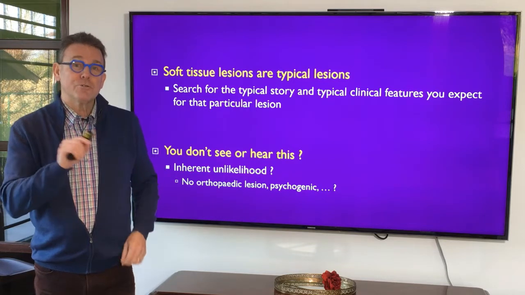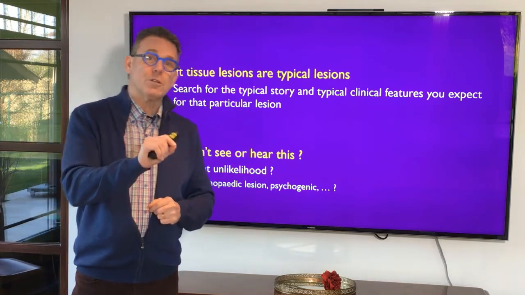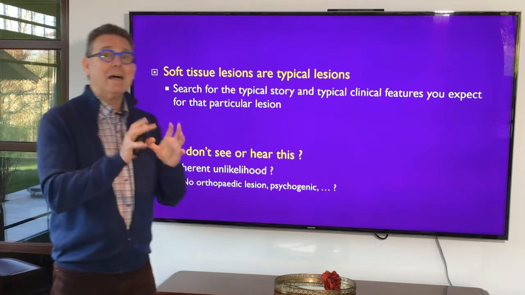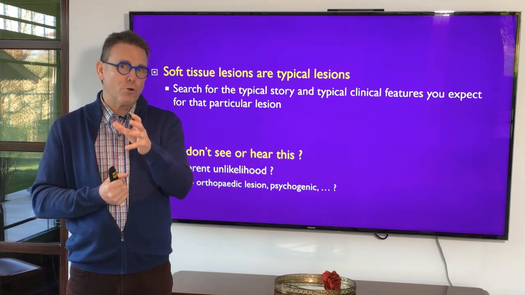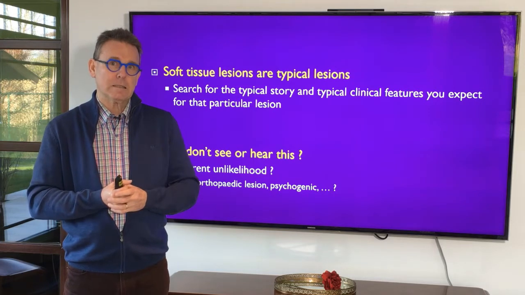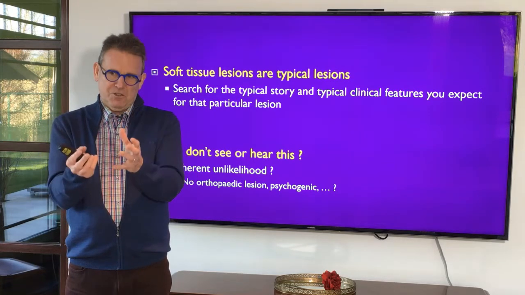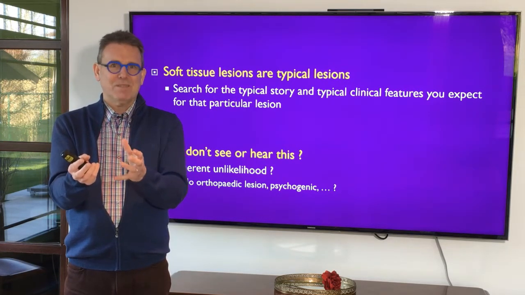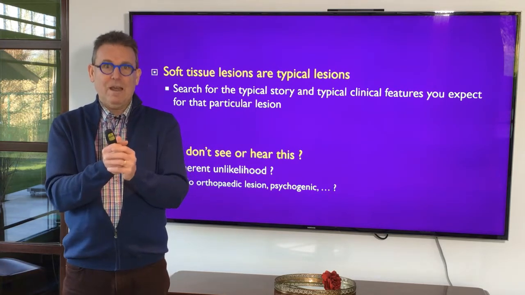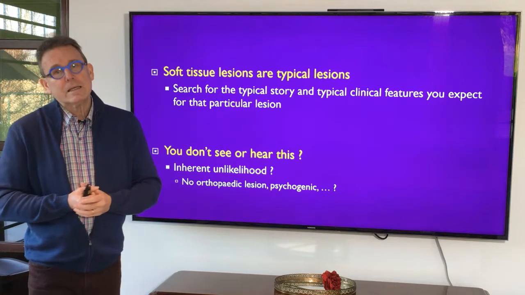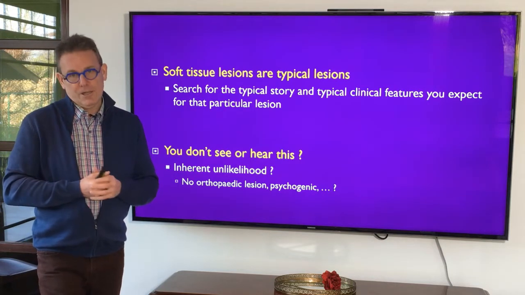On the other hand, you can also hear stories which are atypical, stories which don't correspond with what you expect. You see clinical images which are strange. That's not normal, that doesn't fit with this lesion or this lesion, and that's what we call inherent unlikelihoods.